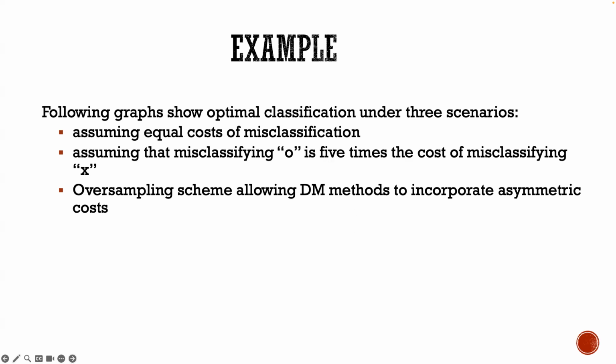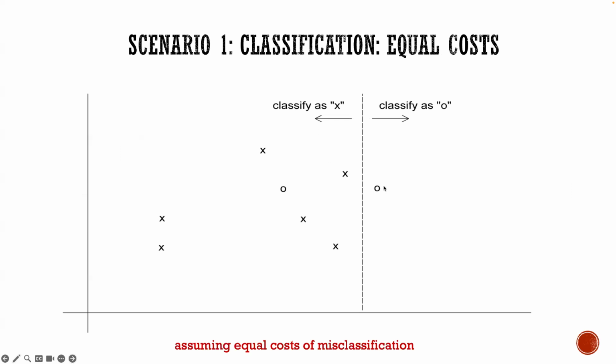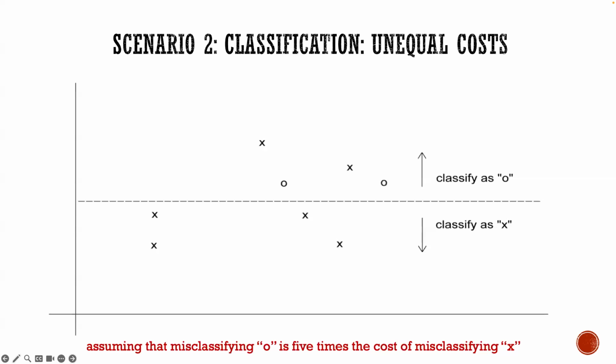So if we were to assume equal cost of misclassification between these two classes, O's and X's, we will classify this as O and this as X. What we see is that there's an error of one O being classified as an X. But what if the O's were more important? They're very few in number, but they're more important to classify correctly. So we classify in such a way that misclassifying an O costs 5 times as much as misclassifying an X. When that happens, our model will create a classification something like this.